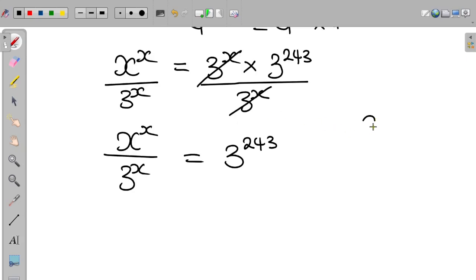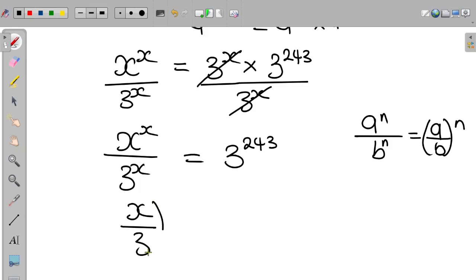Also, if I have a to the power of n divided by b to the power of n, this can be expressed as a divided by b all to the power of n. Thus, the left-hand side becomes x divided by 3 all to the power of x equal to 3 to the power of 243.